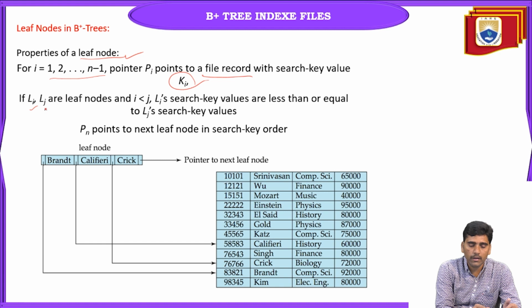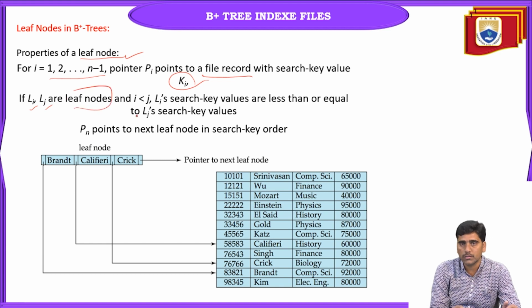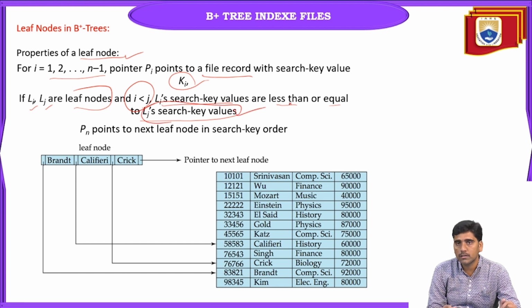Suppose Li and Lj are the leaf nodes, then if i is less than j, Li's search key values are less than or equal to Lj's search key values. Pn points to the next leaf node in search key order.